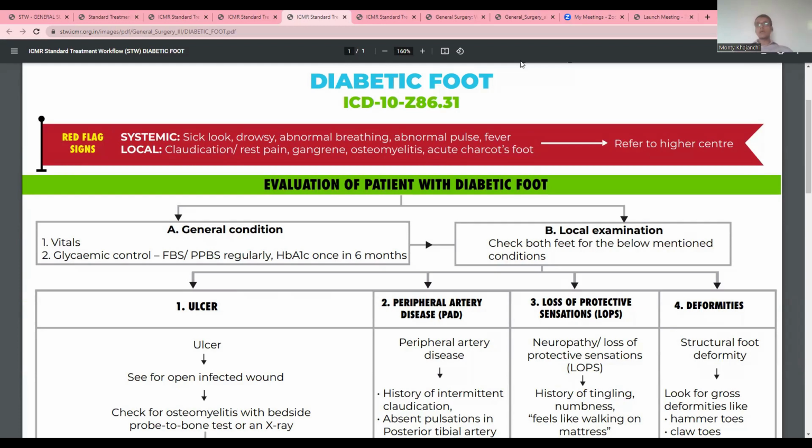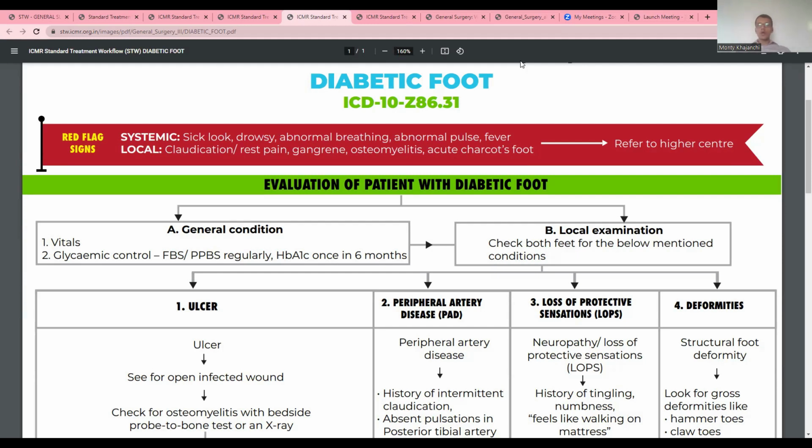Yes, we need to understand what kind of sugar control the patient has, whether he's a new diabetic or well controlled, and doing HbA1c and basic investigations will guide us. We do need to look at the local examination to see how much foot infection is present, or whether it's a non-infected foot, or there are other problems associated with the foot, like arterial disease, neuropathic foot or deformities which require a higher center referral.